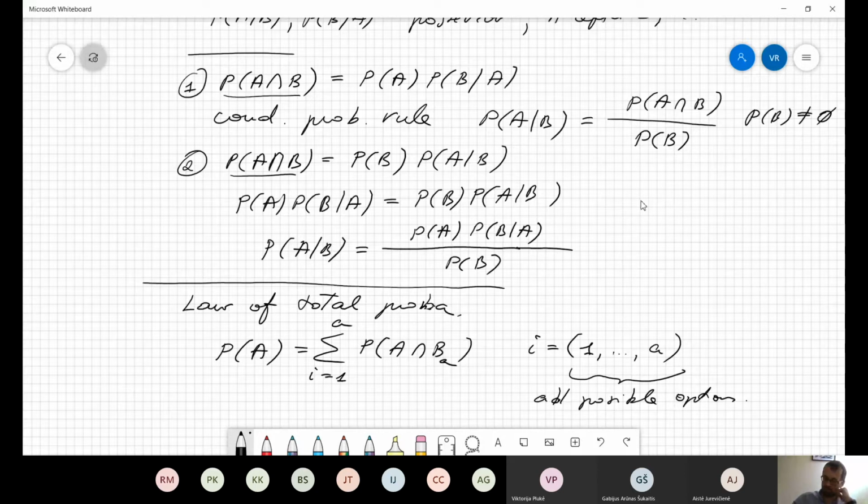So basically, we are observing something, and the event which we are looking for. If we have all the options exhausted, we can sum up these probabilities of ANDs, and this will give us the probability of observing the event.